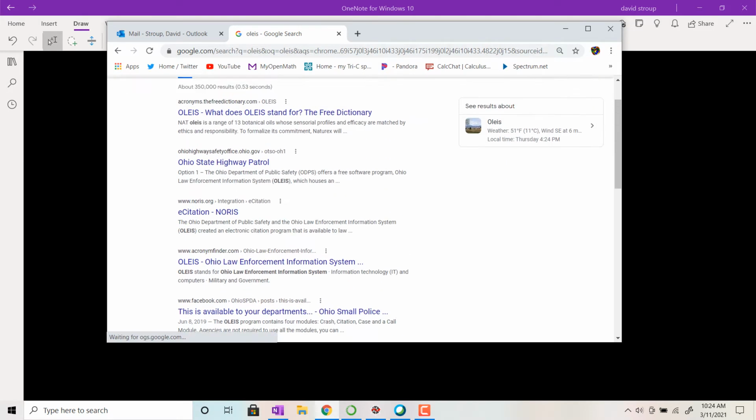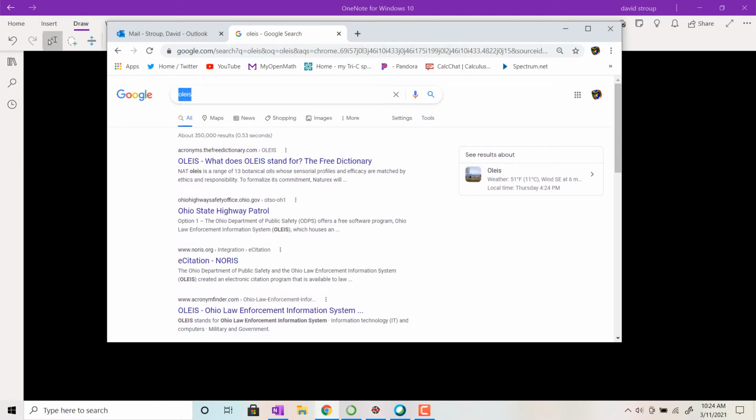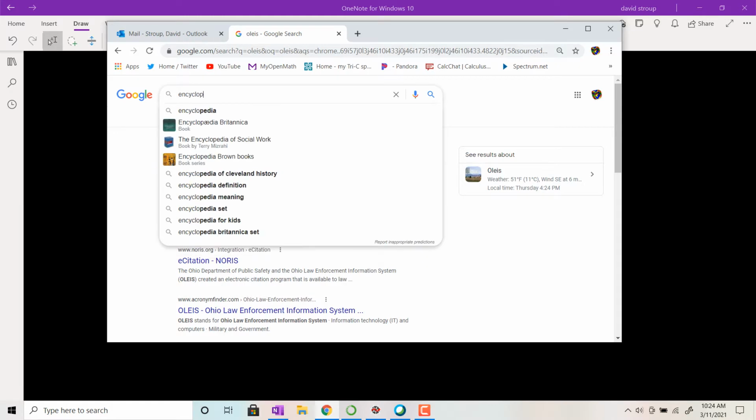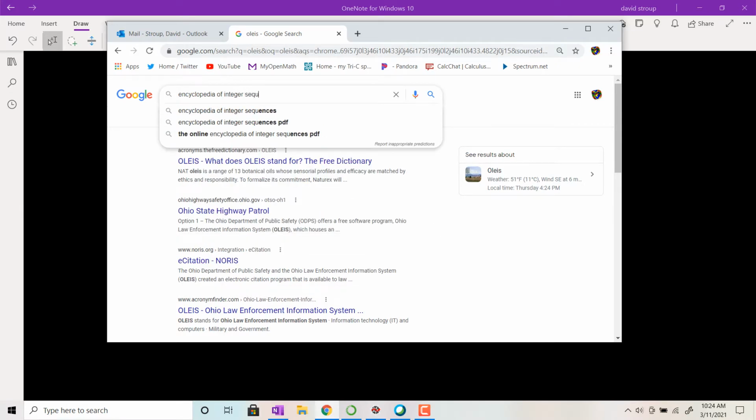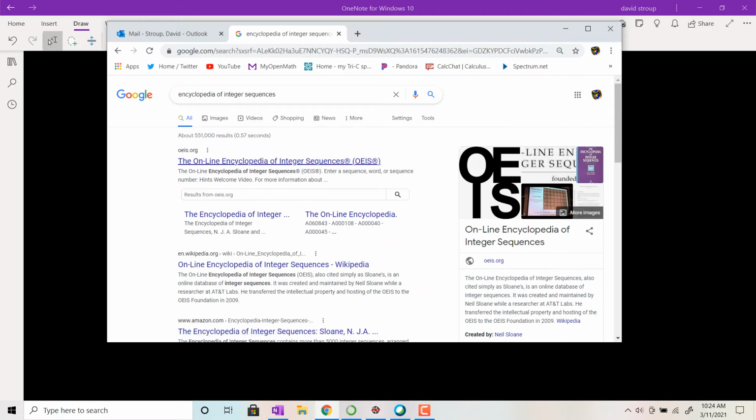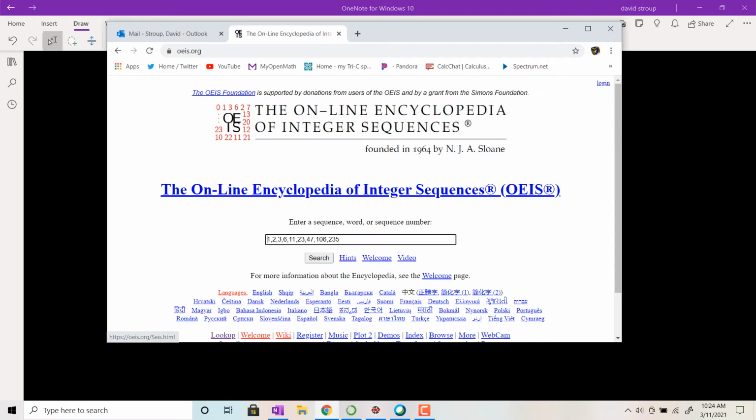It used to be a book, and it was made by some guy from Australia. I got to see him at a math conference once. I got to see Wolfram too. I haven't actually met him, but I was in the same room with him and everything. But anyways, you can go here and just play around with sequences.